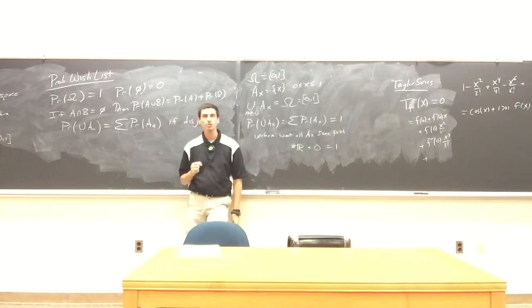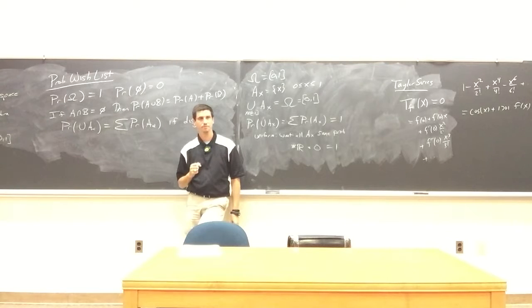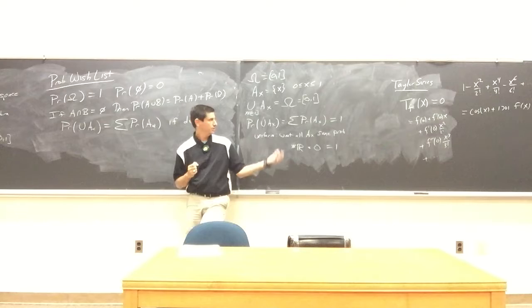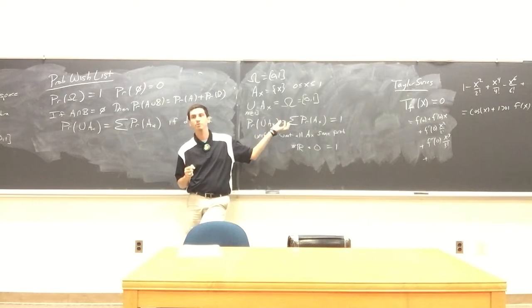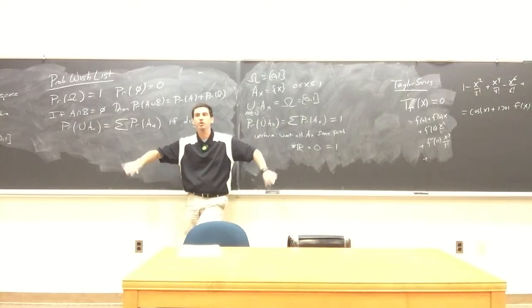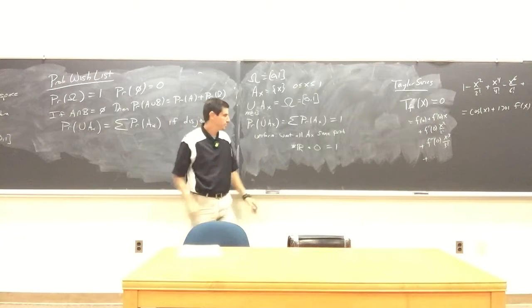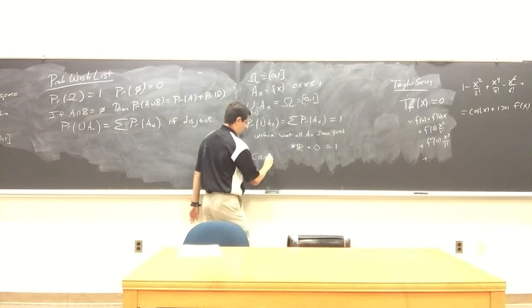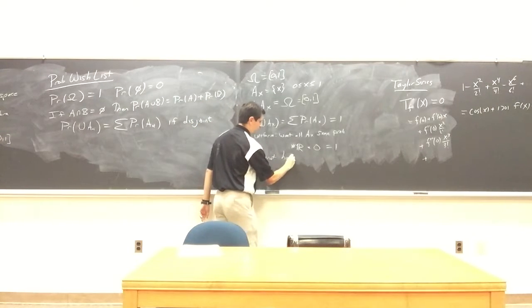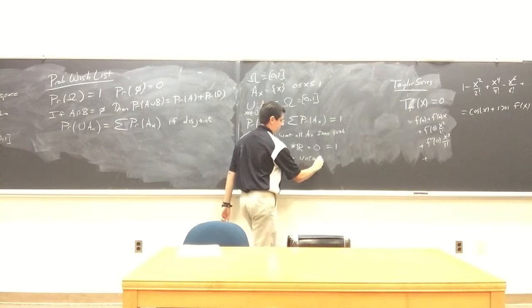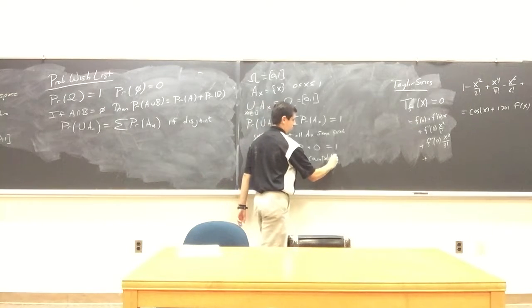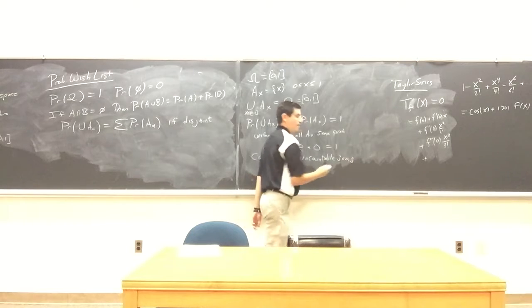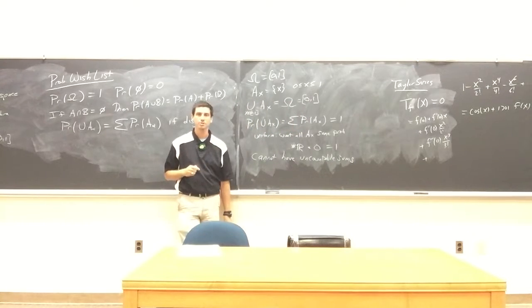What this tells us is our wish list was too extreme. We cannot talk about the probability of a union of uncountably many events, splitting it into an uncountable sum. We cannot deal with uncountable sums. So that's the danger.